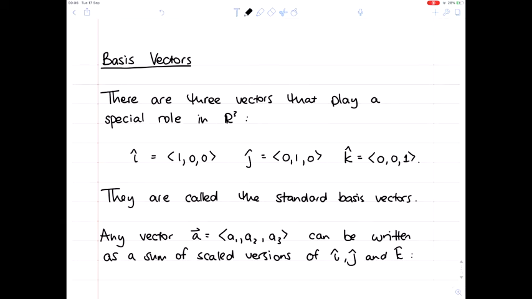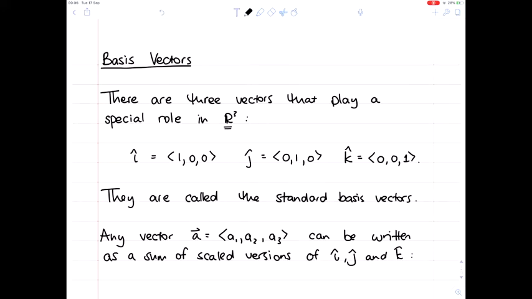Now we have three special vectors that play an important role when we're in R3. So this is when we're in 3 dimensions with x, y, and z coordinate axes. And these three vectors are written as follows.